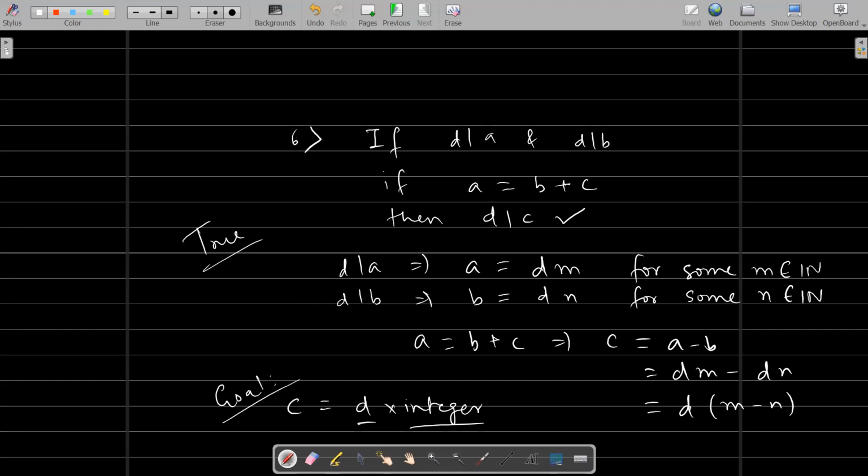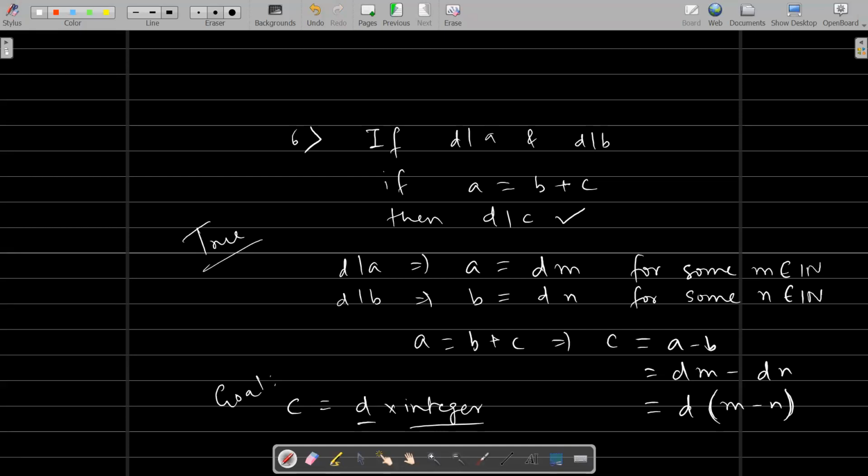So firstly, what is C? C is A minus B because A is B plus C. And I replace A in terms of DM and B in terms of DN. So A minus B is DM minus DN. So I can take D common, so it's D times (M minus N). And don't worry about the letters; essentially they represent some integers.